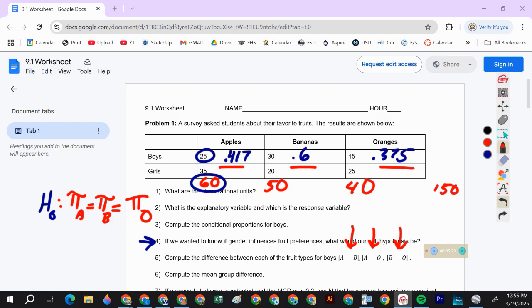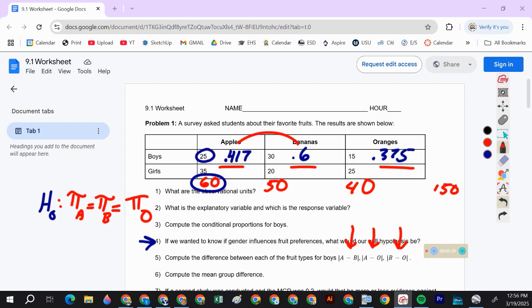Now, if we had 4 categories, this is going to get really messy. We would have A minus B and A minus C and A minus D and B minus C, and it would be a lot harder, okay? So what are the differences?